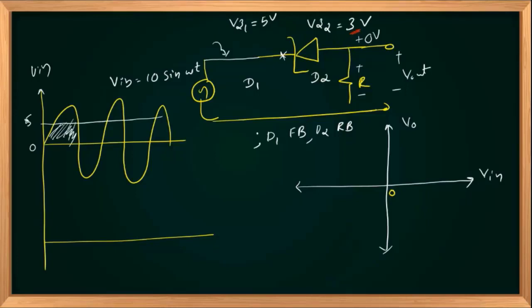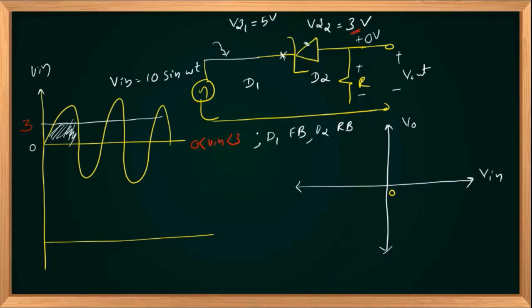Then V in is greater than 0 and less than 3 volts. D1 is forward biased, D2 is reverse biased before breakdown.